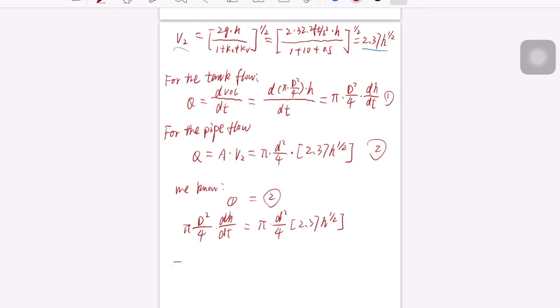So we can get that dt equals D squared over d squared times dH divided by 2.37 H to the power of 1 divided by 2.